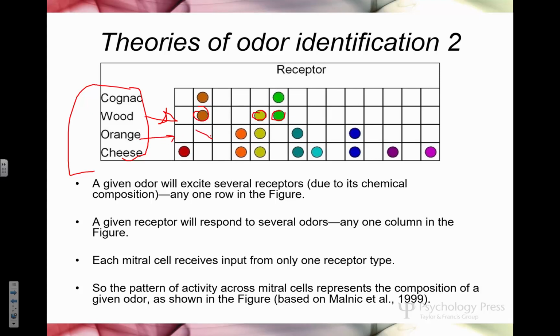Orange doesn't activate that receptor, but it activates a different receptor here. We've got a little overlap. Different combinations are going to tell you this is orange, this is wood, this is cheese, this is Band-Aid, this is cat food, whatever it is. We've got 1,000 different receptors, and we'll activate different combinations of those for each of those 10,000 different odors. There's going to be some overlap, but there has to be something a little bit different as well.